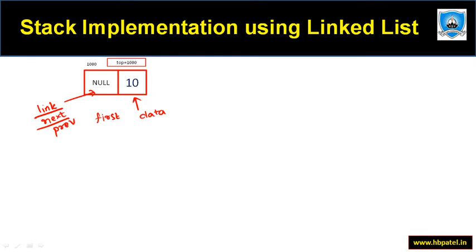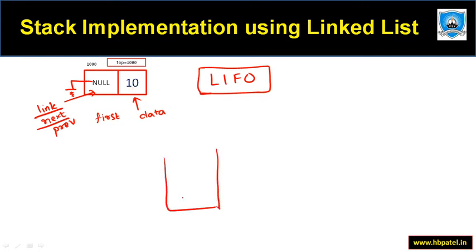So for the first node we are going to set this as null, because this is going to be the last one, because in stack we have last in, first out. Stack follows LIFO. Because this has been pushed first, this will go out last. So if you compare this with stack, this 10 will go out last. That is why we have made that a null.